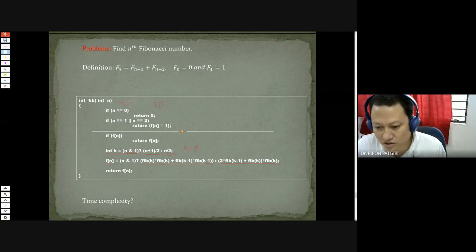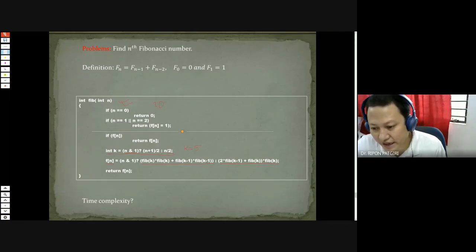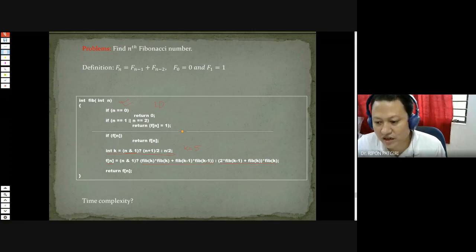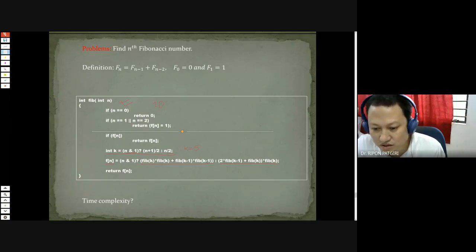That's why we will use 2 into Fibonacci of k minus 1. k minus 1 is 4. So 2 into Fibonacci of 4, plus Fibonacci of k, which is Fibonacci of 5. This formula will lead you to the solution.